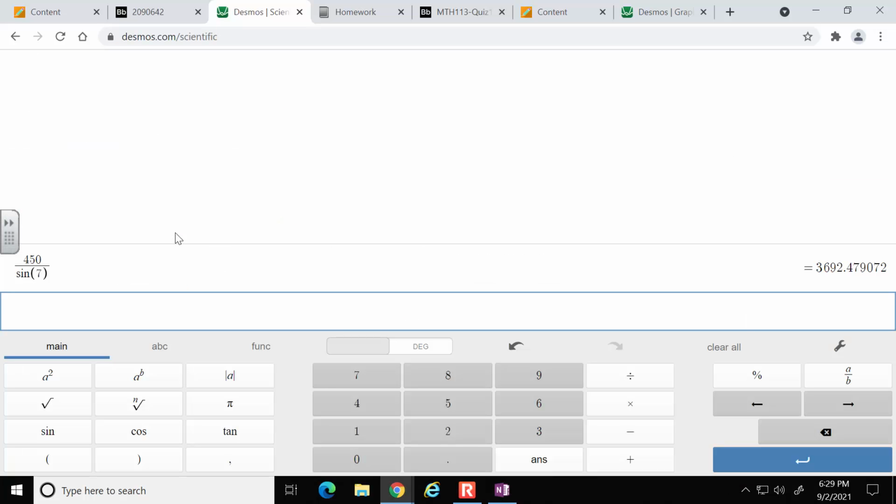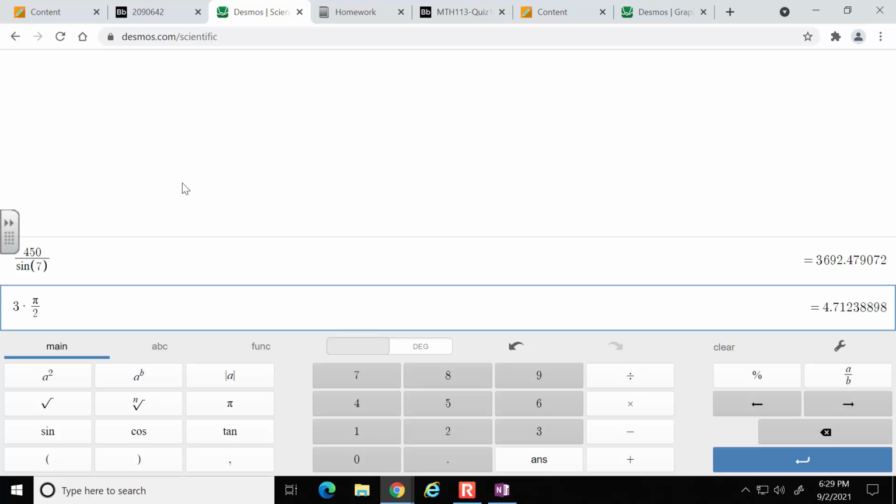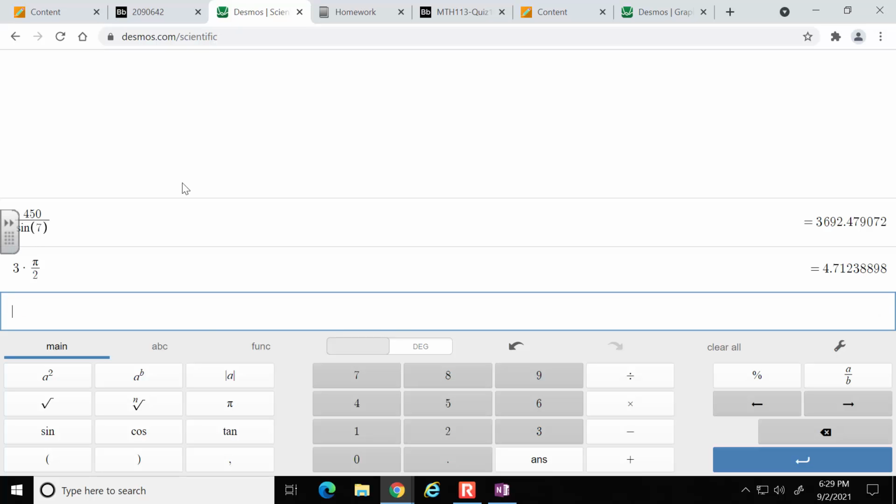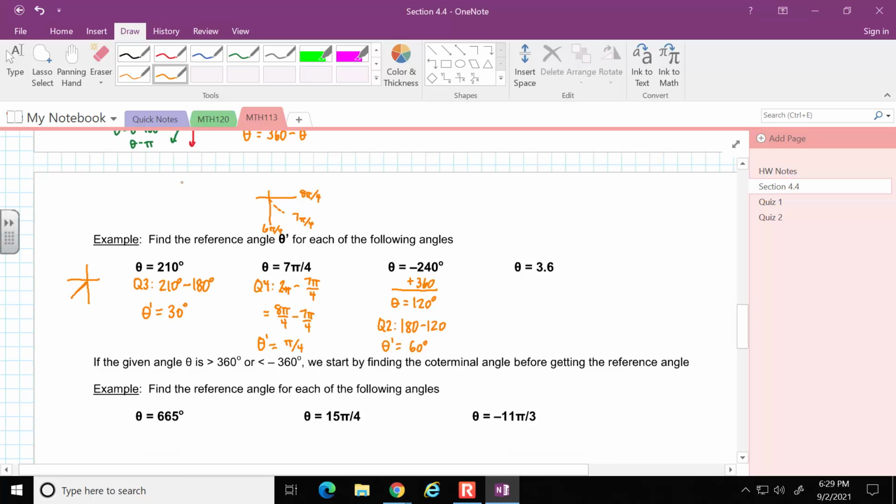I know pi is 3.14. What about 3 pi over 2? If I'm between pi and 3 pi over 2, that puts me in the third quadrant. So let's see what that is. 3 times pi, divided by 2, is 4.71. So it is in that third quadrant. So it would be quadrant 3.